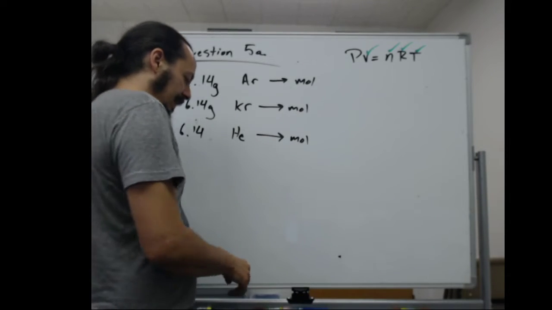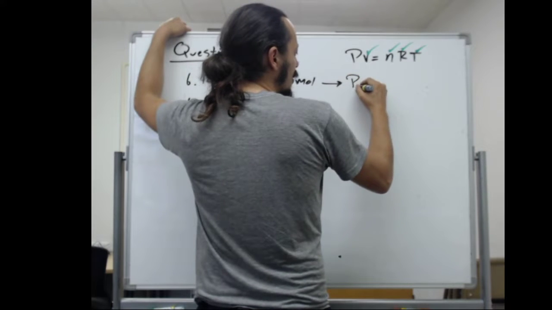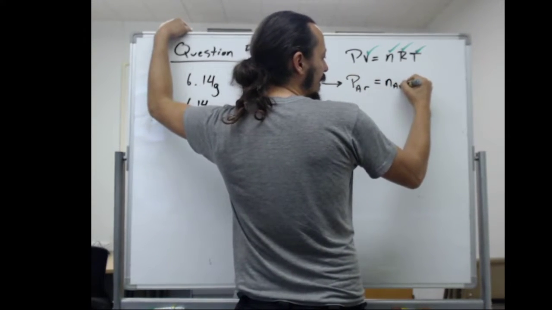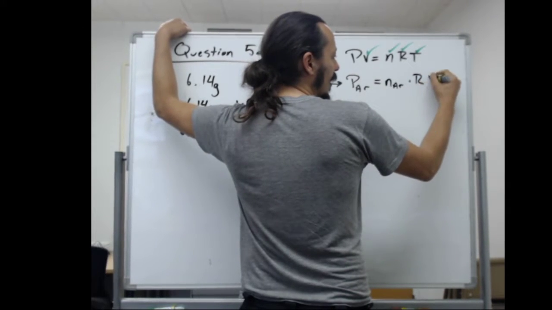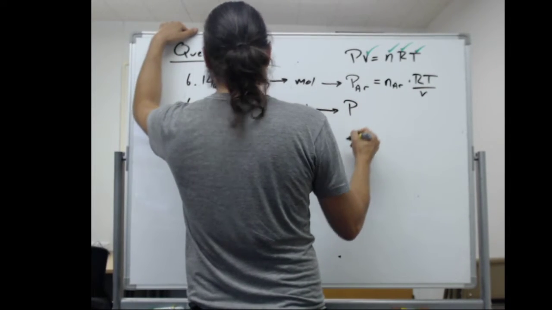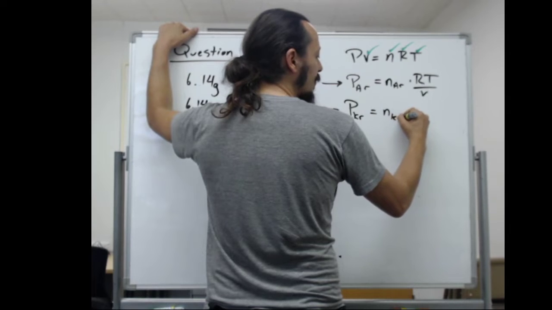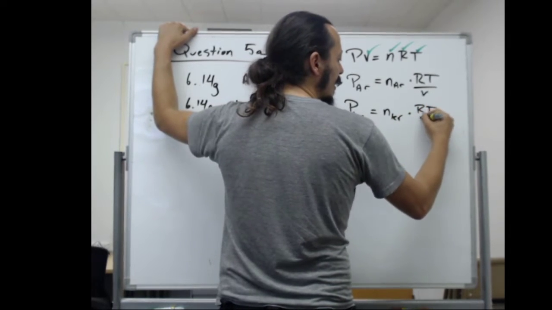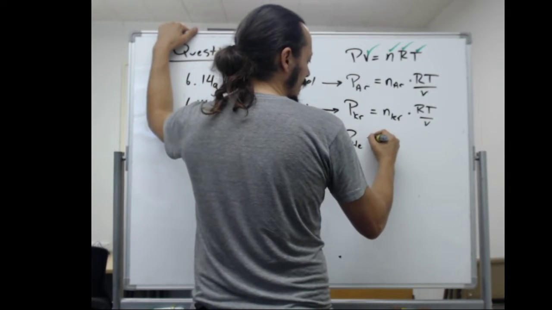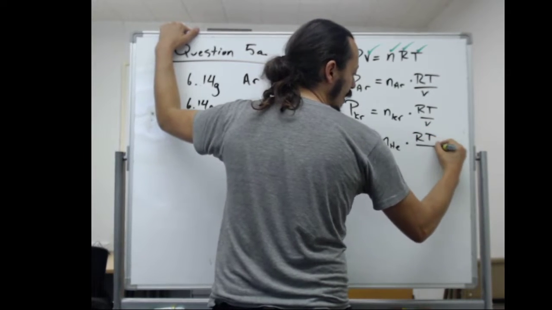So for each of these, the pressure due to argon is equal to the moles of argon times RT over V. The pressure due to krypton is equal to the moles of krypton times RT over V. And the pressure due to helium is equal to the moles of helium times RT over V.